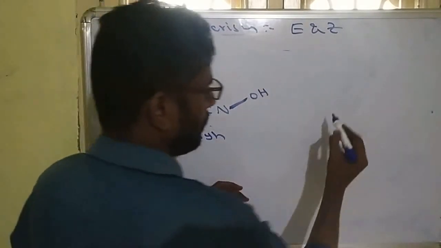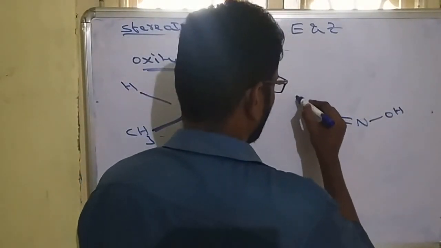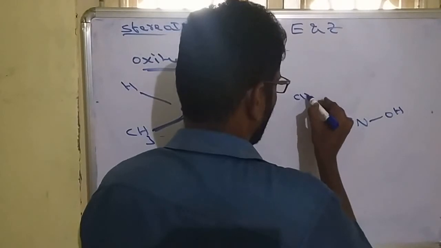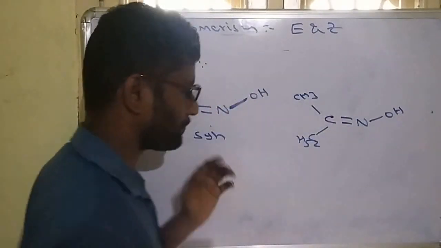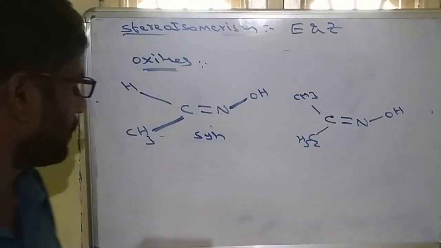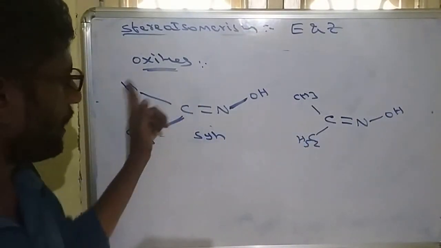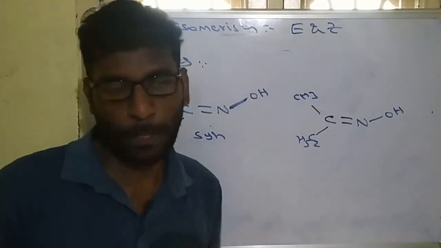Same like in ketoxime, CH3 and C2H5. In ketoxime both are alkyls. There is no hydrogen, whereas in aldoxime hydrogen is there. So based on the hydrogen position relative to the OH, we can identify syn or anti.